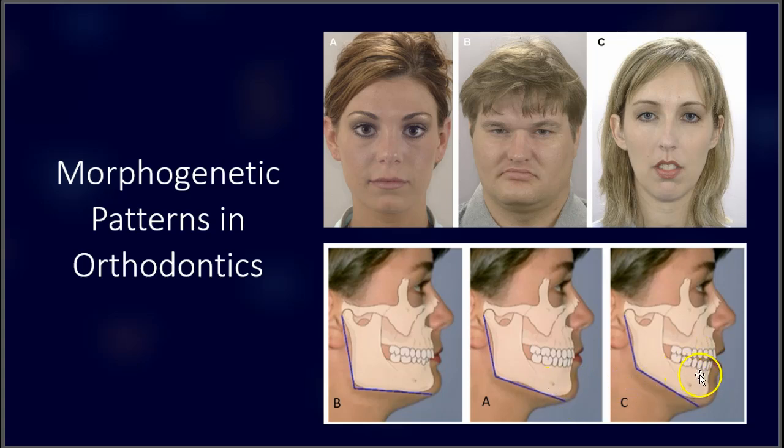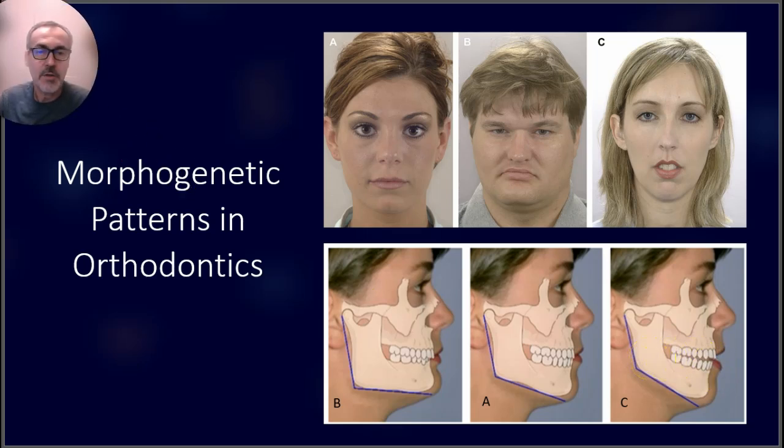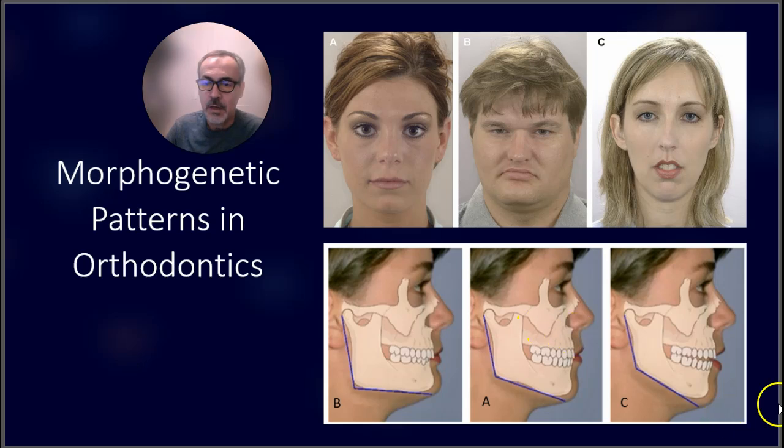And you can start to appreciate that. And I want you to imagine this. The majority of the hyperdivergent patients are not going to have a deep bite, right? So they're either going to have a normal overbite or an open bite. But you can have some patients that have a hyperdivergent skeletal profile and still have a dental deep bite.